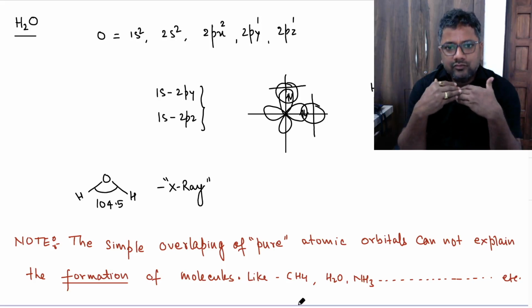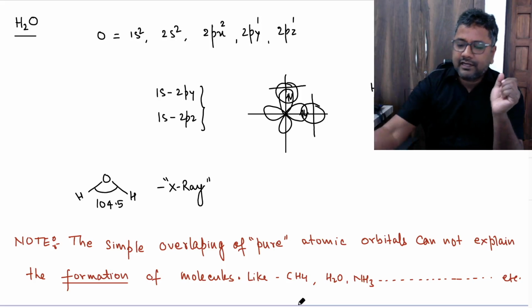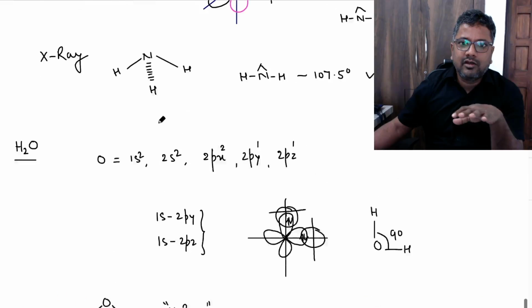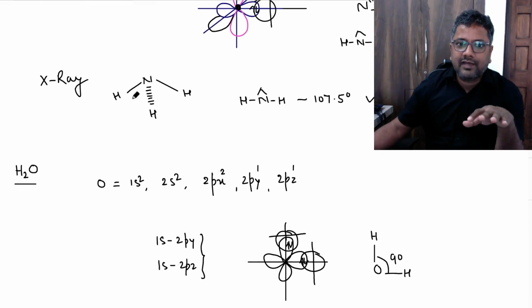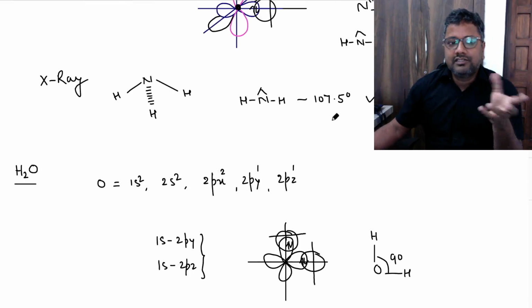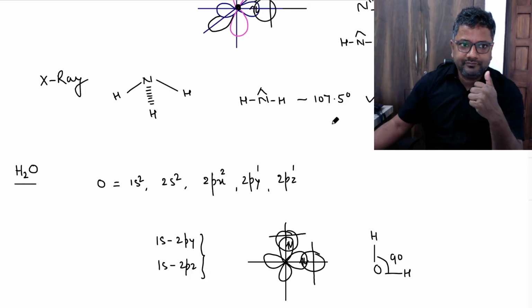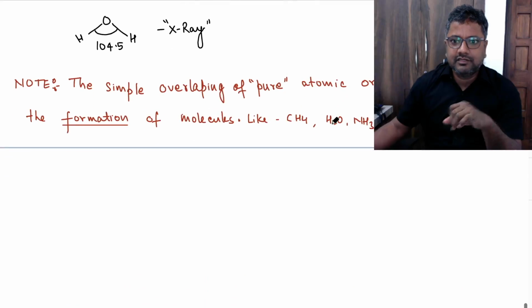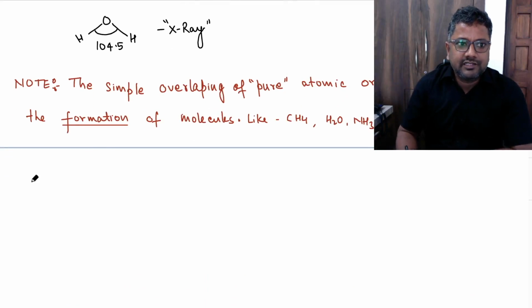Why? To explain the fact. The fact is that this bond angle is 104.5. The fact is that all bond lengths and bond angles in methane are equal. The fact is that this ammonia molecule has bond angle 107.5. So to explain these facts, Pauling suggested this hypothetical concept, and this is known as hybridization.